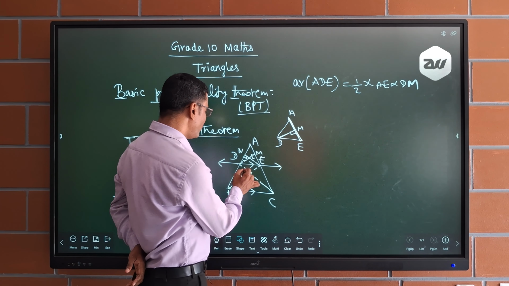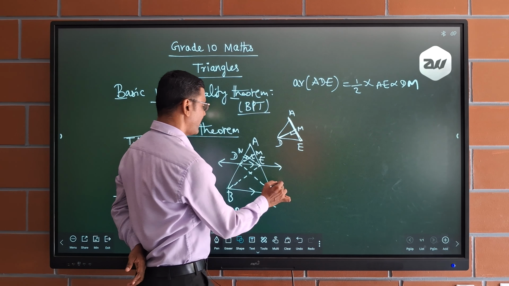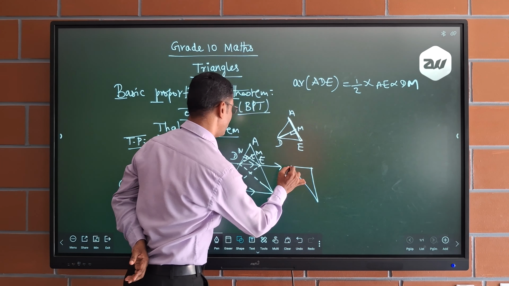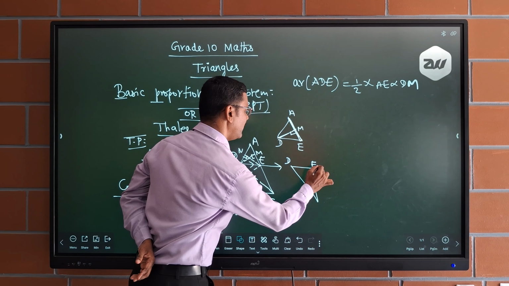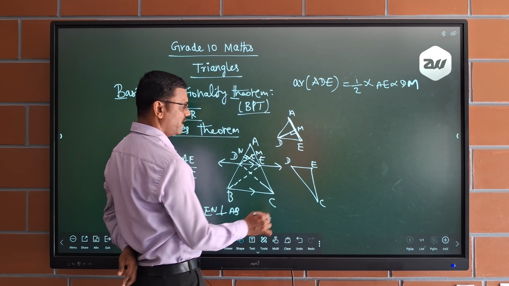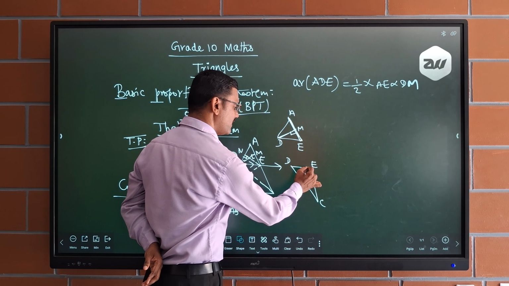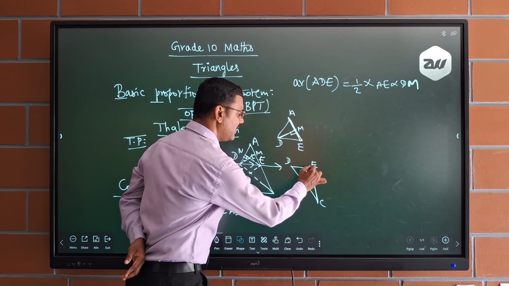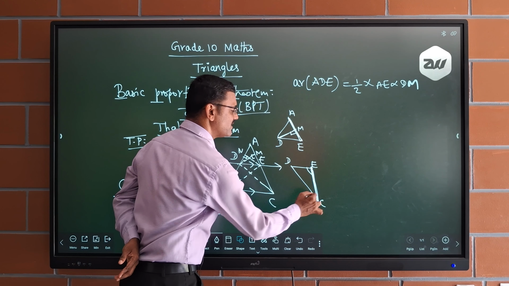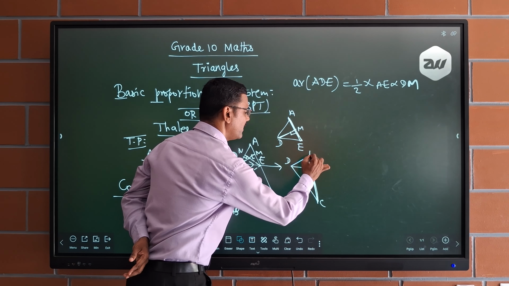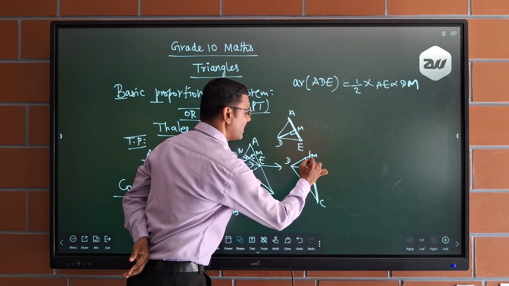Next I go to triangle CDE. For your understanding, I draw it separately: DE, this is C, triangle CDE. So here how to find? Again it is an obtuse angle triangle. So I consider CE as the base. With CE as base, how can we find the height? We extend this, then you will get DM is the height.